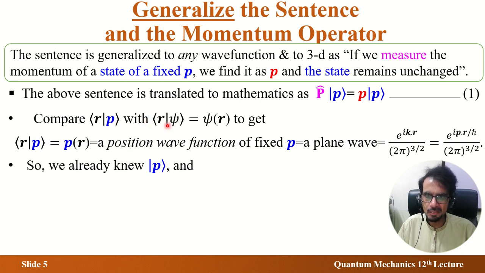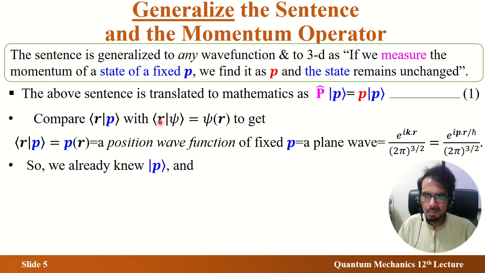If you like to revise, I can start with the ordinary vector. If you have an ordinary vector and you multiply with the i unit vector, you get the Vx component. In Dirac notation, if you have a state vector, you take a bracket, a dot product, in Dirac notation.